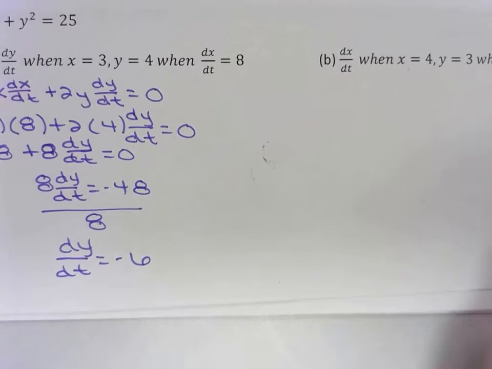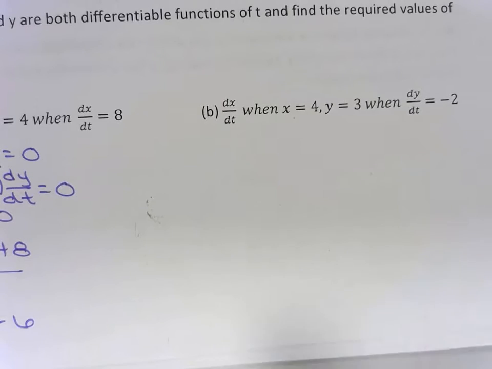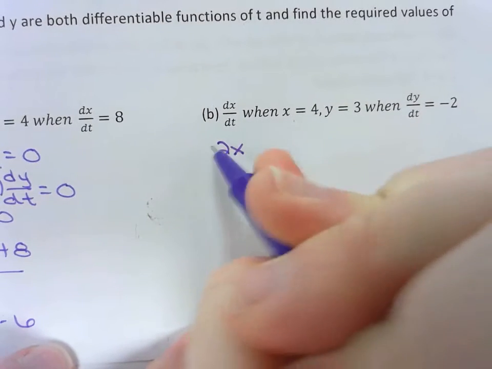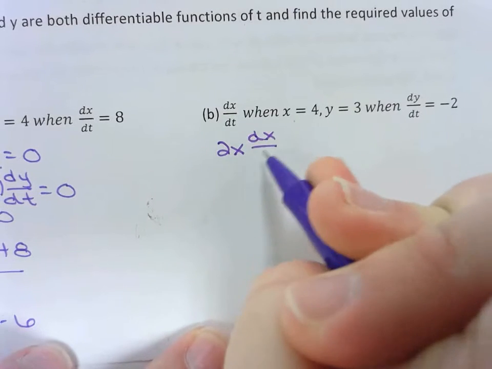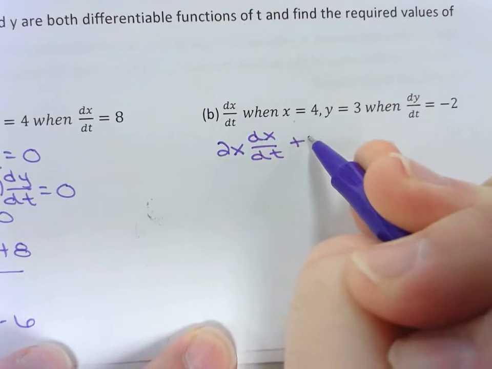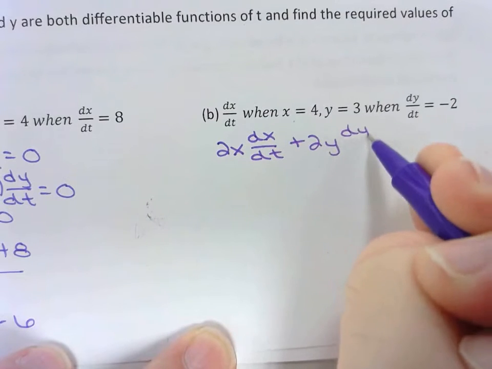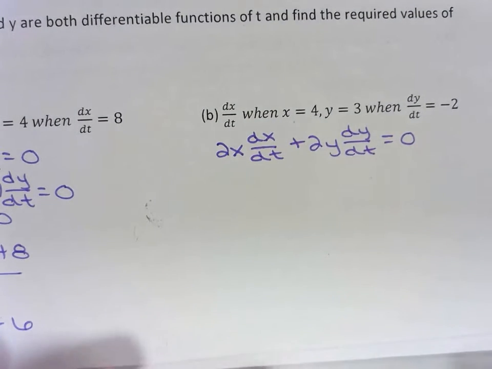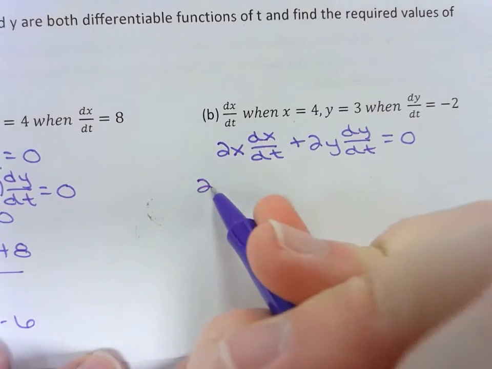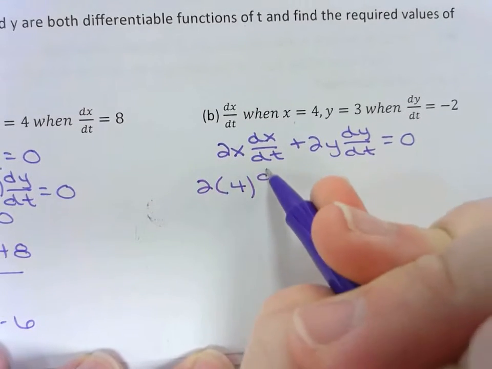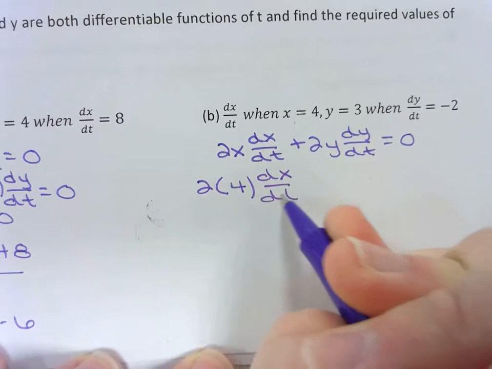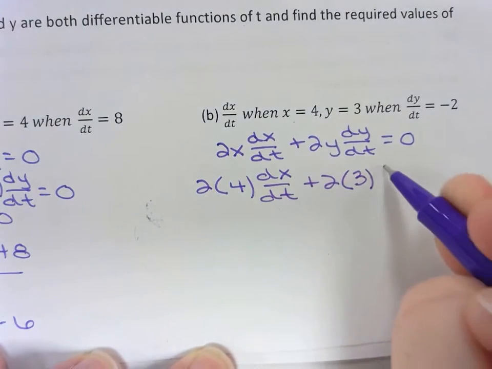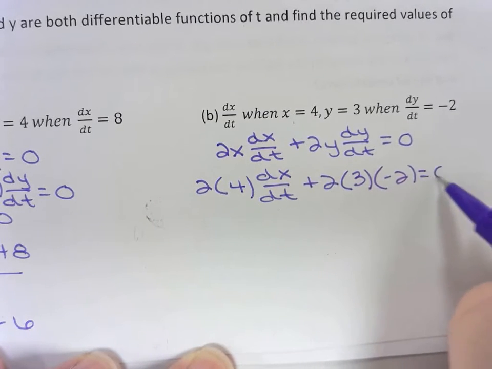If I look at B real quick, same sort of idea, except now I want to know dx dt. So if I take the derivative again, it's going to be 2x dx over dt plus 2y dy over dt equals 0. Let's plug in what they give me. X is 4, so I plug in a 4. I want to know dx dt, so that's what I'm solving for. 2 times y is 3, dy dt is negative 2.